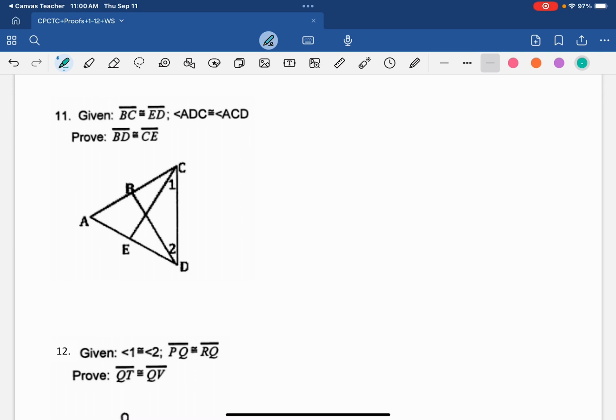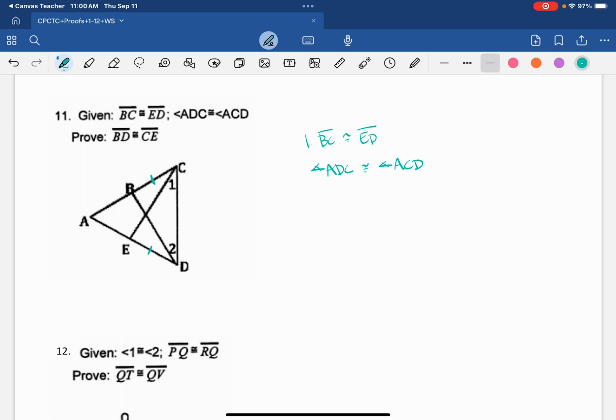So on number 11, we are given that BC is congruent to ED, and angle ADC is congruent to angle ACD.